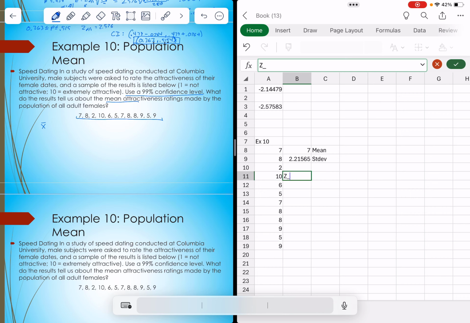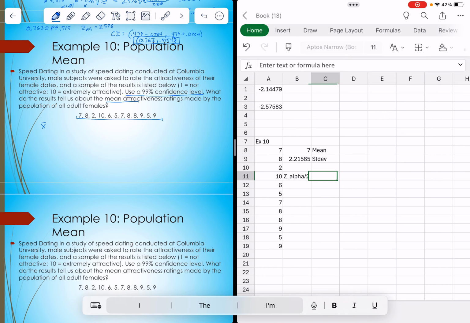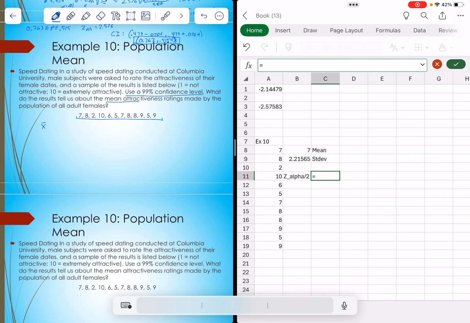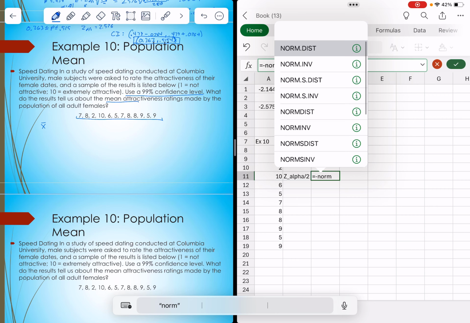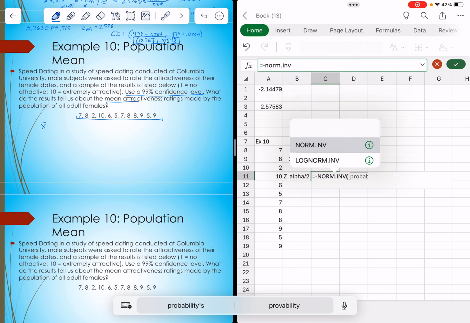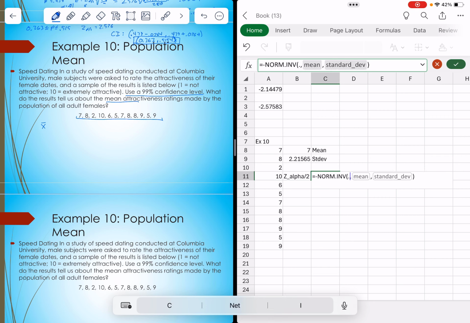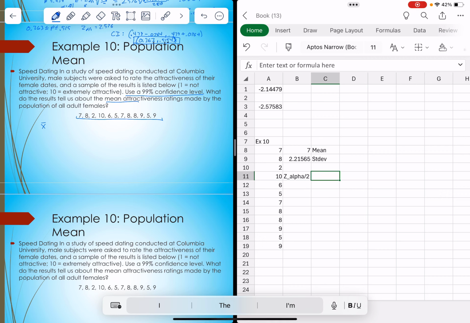And that is going to equal negative, because it's going to give me a negative, norm.inv, probability is 0.005. Enter. So there's my Z.